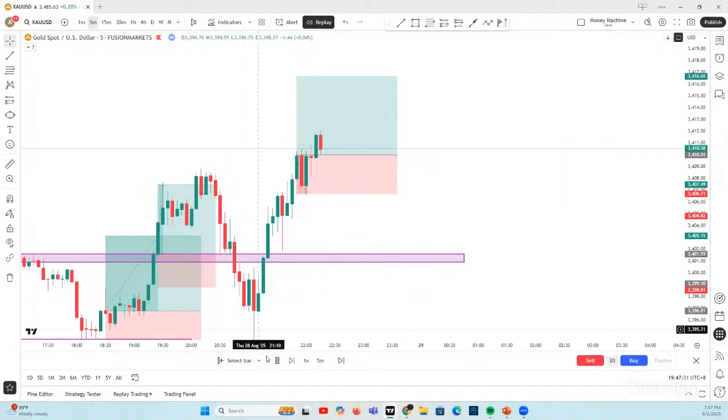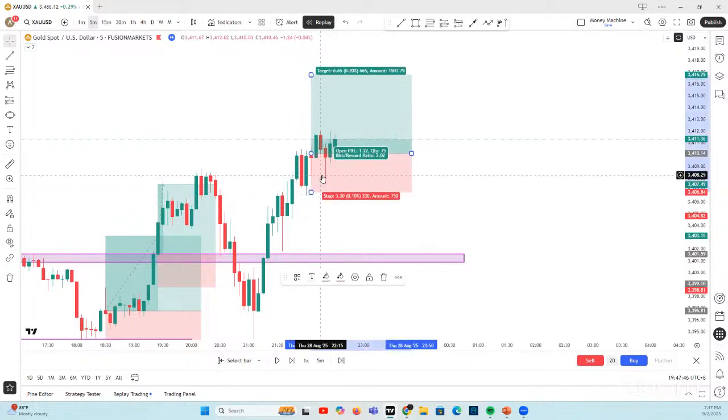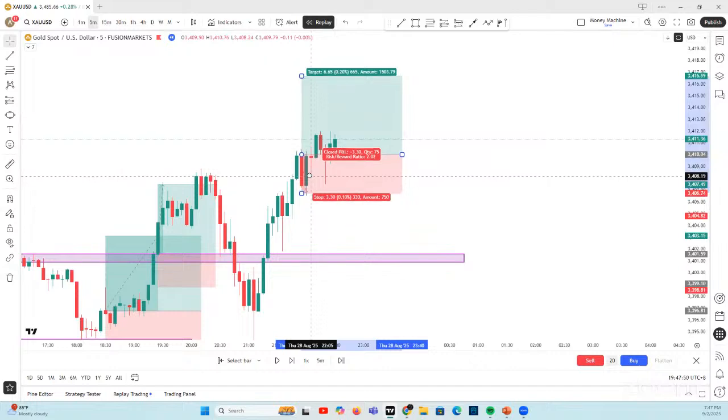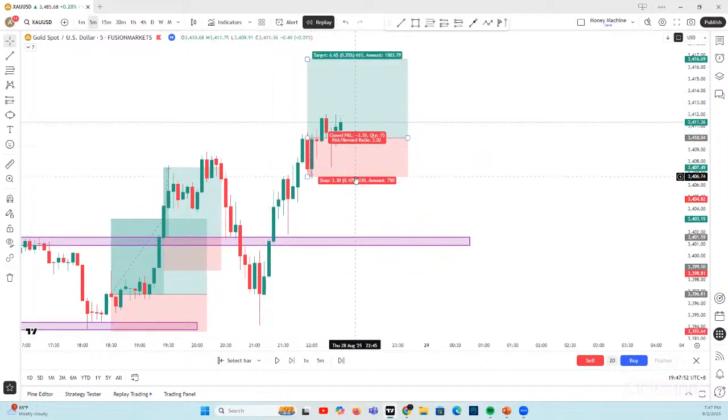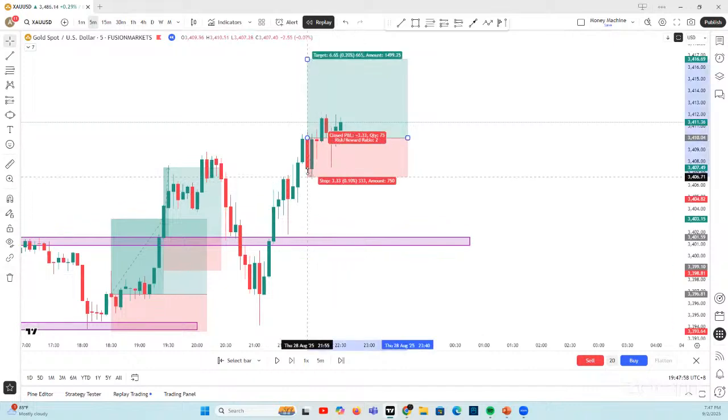It hit our stop loss. Did you notice that? You see, this dotted line means it stopped here. There's a wick. You see that wick? It hit our stop loss. In this kind of scenario, you have to place your stop loss well.